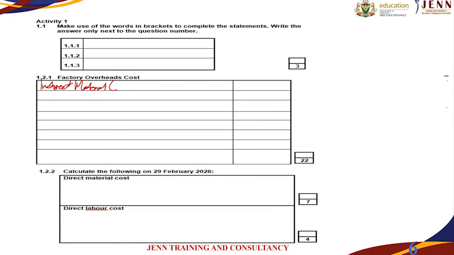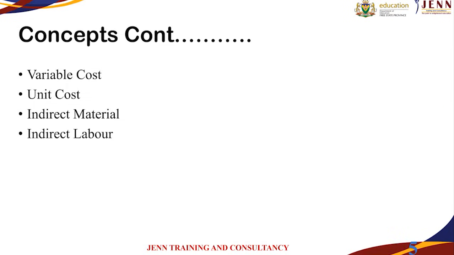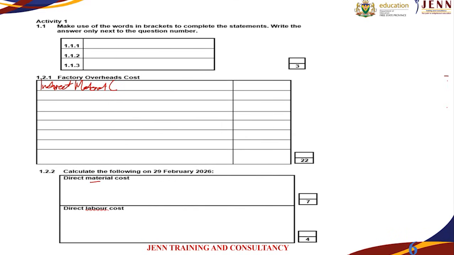Now, the indirect material, when we calculate it, we still use the same information that we used on direct material. The same formula that we applied on direct material can also be applied here. But what does it say? It says the opening balance.